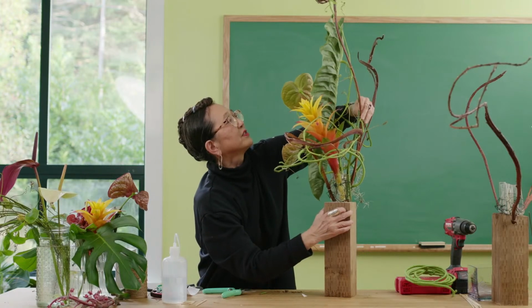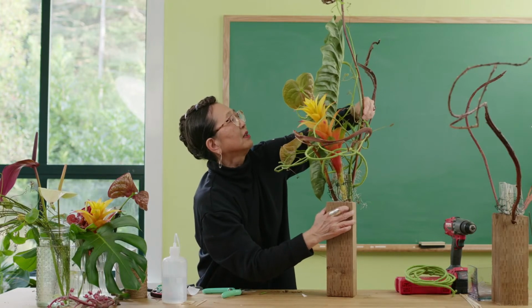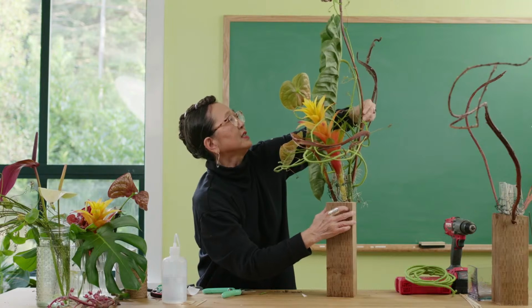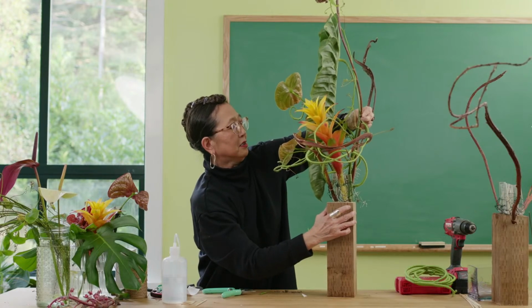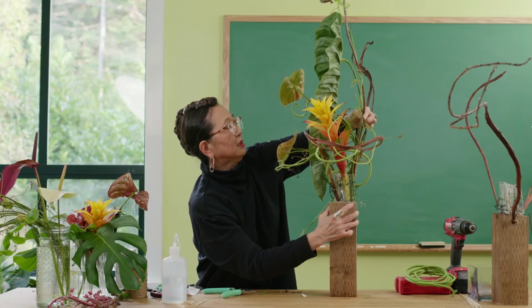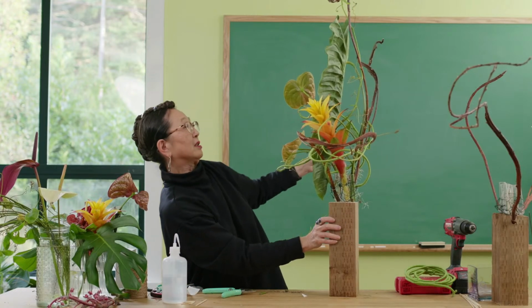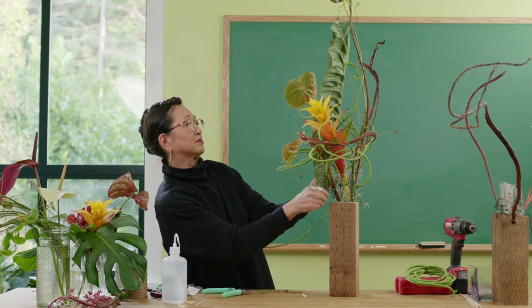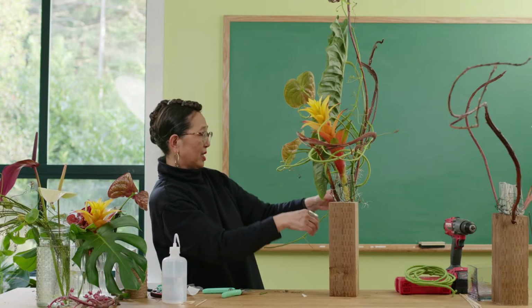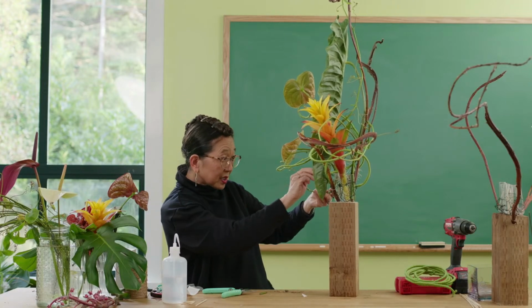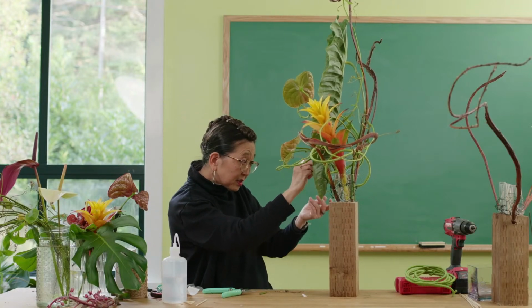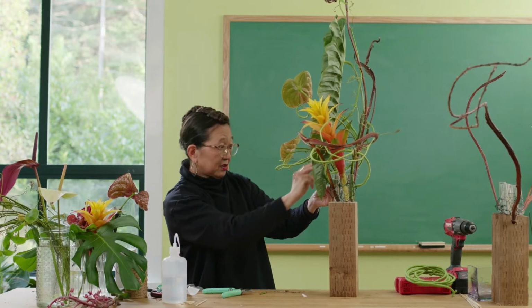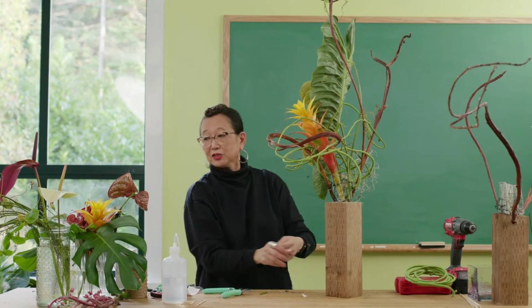It's going in a little different direction. I want it to be a little bit more leaning to that side. Yeah, I'm kind of getting into territory that's a little bit uncomfortable. It's kind of strange, but it's okay.